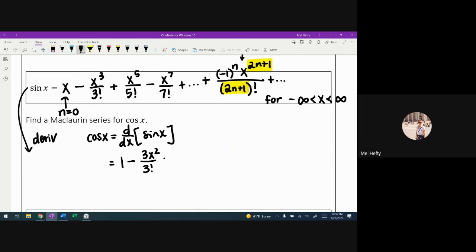All right, I'm going to keep the 5 factorial. What's the derivative of x to the 5th? 5x to the? Cool. We're going to simplify it before we write it in the box, if that matters to anyone. All right, what's the derivative of x to the 7th?